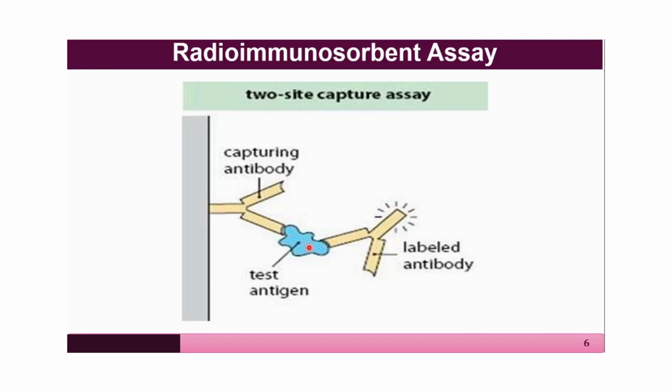Antigen levels up to the nanomolar level can be detected in the serum sample. Hence, this technique is used for detection of very low concentrations of antigens which cannot be detected by other techniques. Thank you.